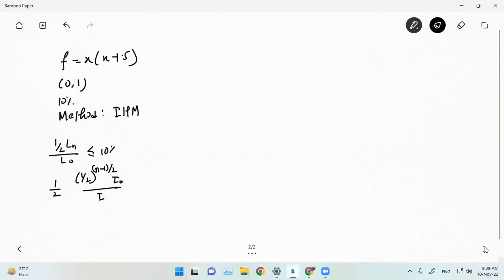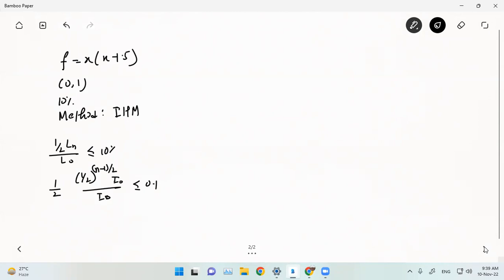You also have L0 here, L0 is basically 1, so you don't have to worry too much about it. Let's say then 0.1. If you solve it, then you're going to get the value of n.